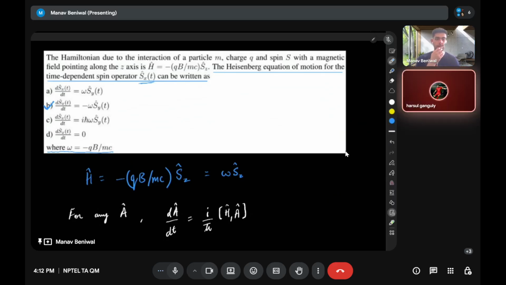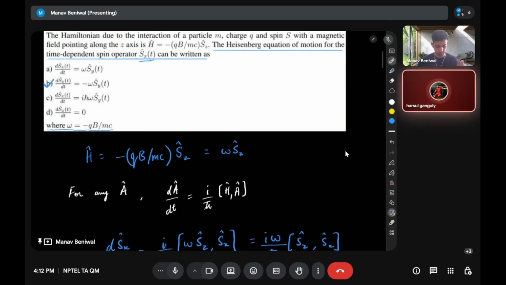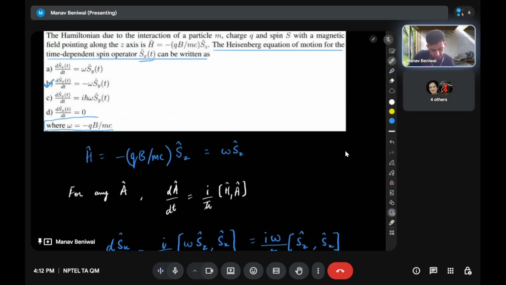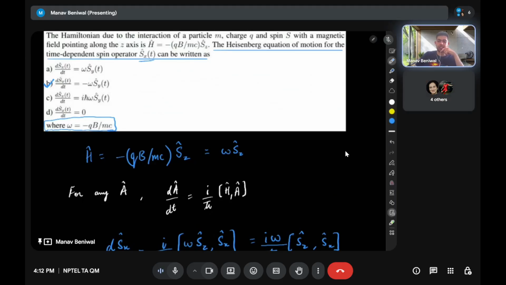Sir, in the first line you took minus qB by mc S_z equal to omega S_z. But I thought qB by mc was omega. Here we ignored the sign because in the question they have explicitly mentioned that this omega has a minus sign. That's why we considered the minus sign in omega itself.